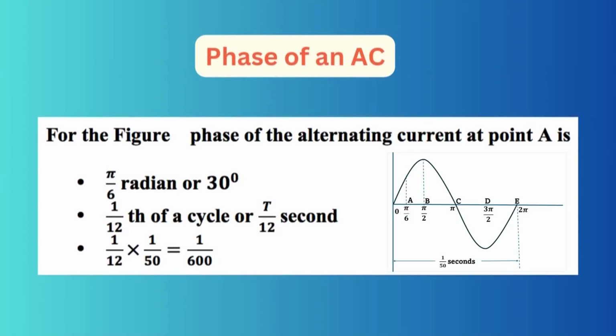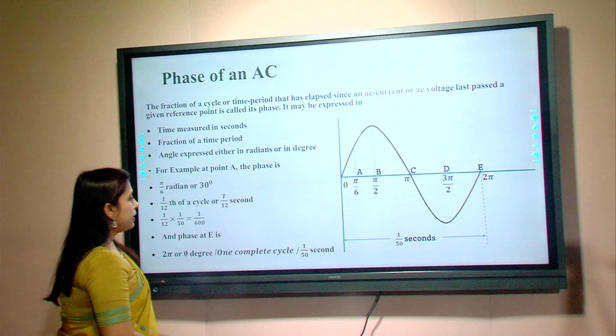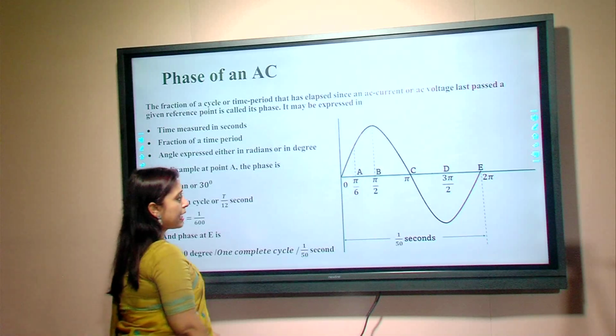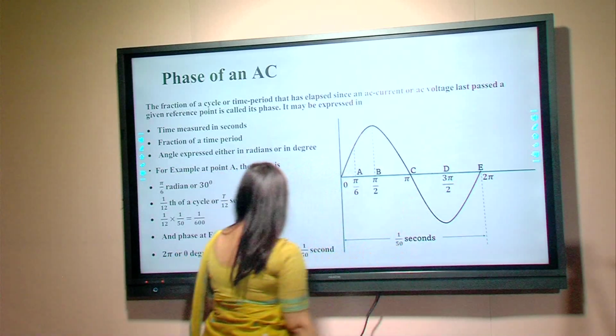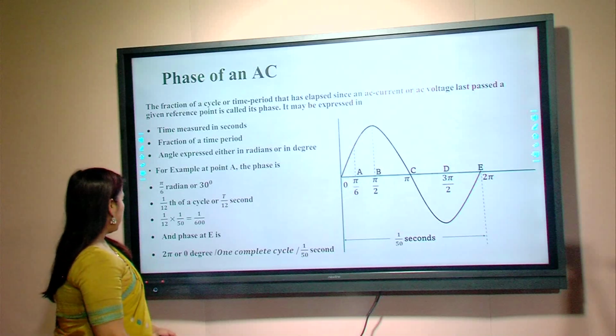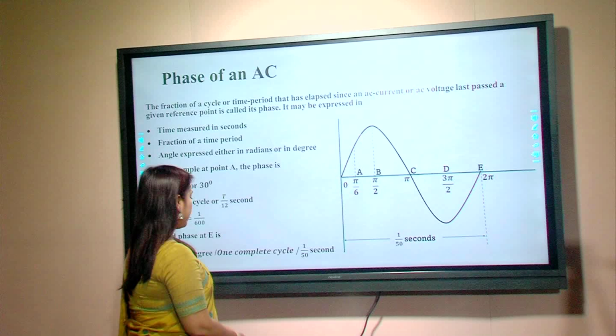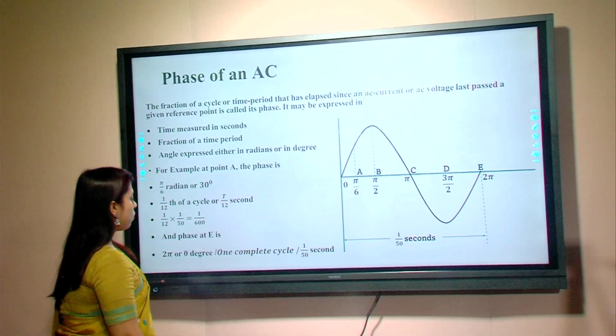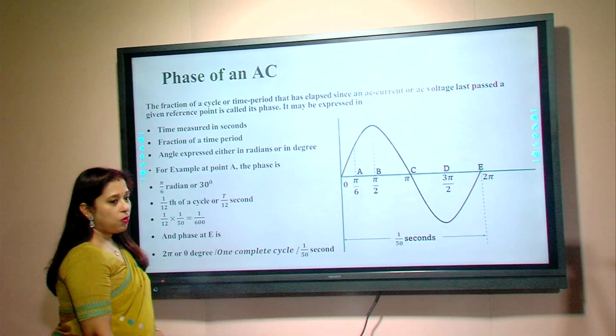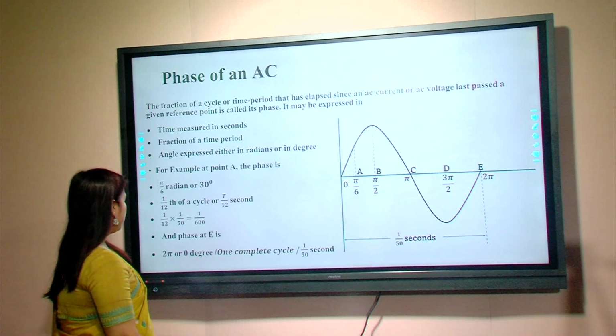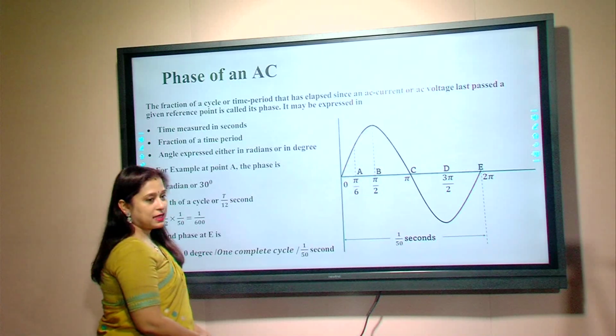Similarly, at point E the phase is 2 pi, or 0 degrees, which is one complete cycle, or 1 by 50 seconds.